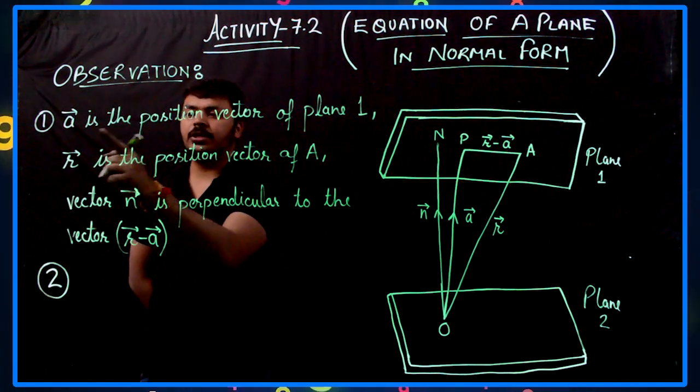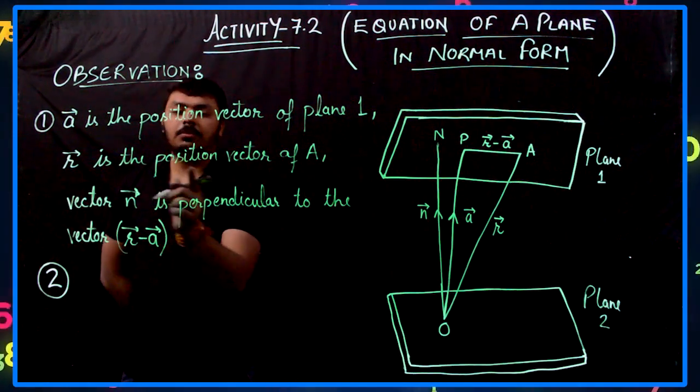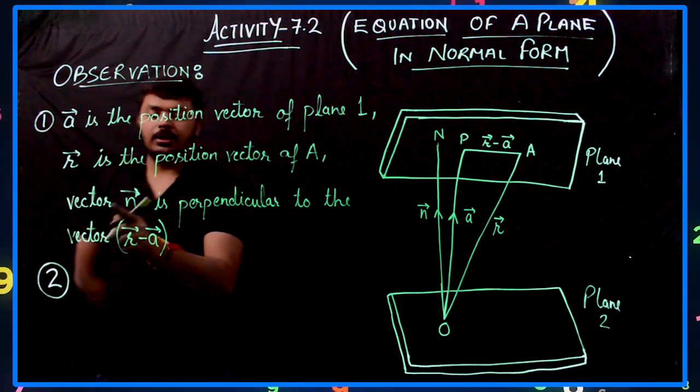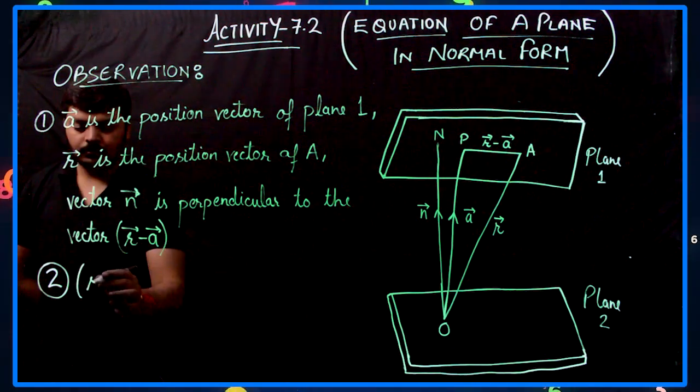In the first observation, vector A is the position vector of plane 1, R vector is the position vector of A, and vector n is perpendicular to the vector R minus A vector.